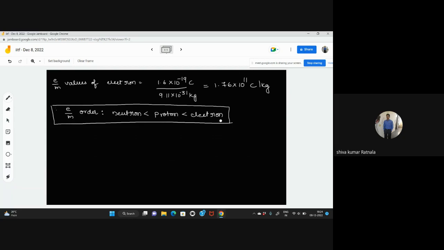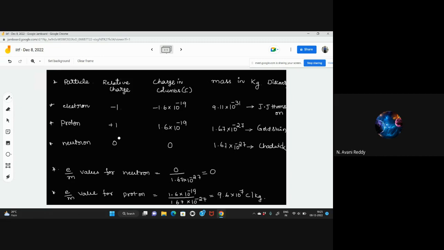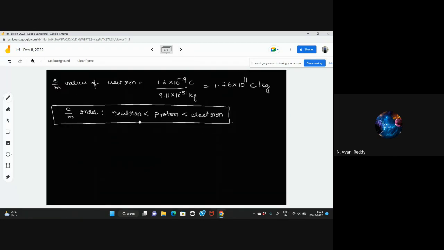And all these values were discovered in different experiments. Can you show the previous slide? So after that, we are going to have atomic models.